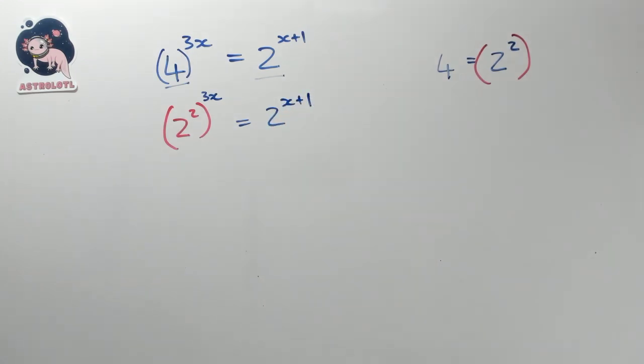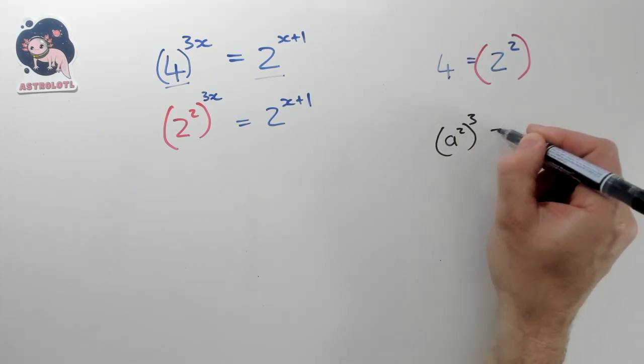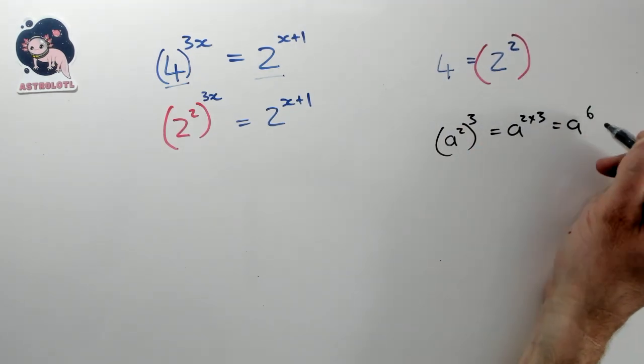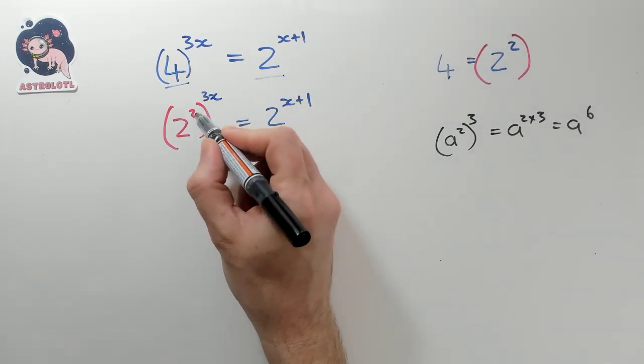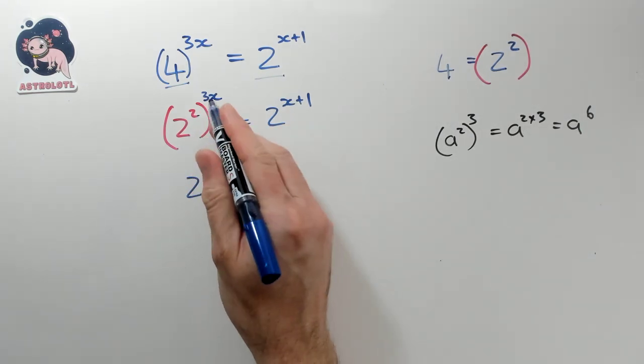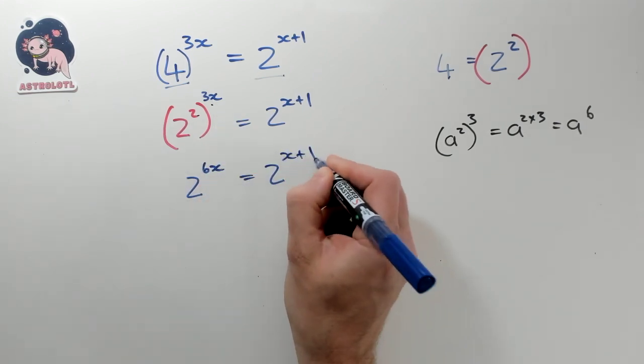Now the index rule you need to know is that if I have a to the power of 2 to the power of 3, it becomes a to the power of 2 times 3, which is a to the power of 6. So in this case I multiply these two, and I have 2 times 3x is 6x, so 2 to the power of 6x equals 2 to the power of x plus 1.